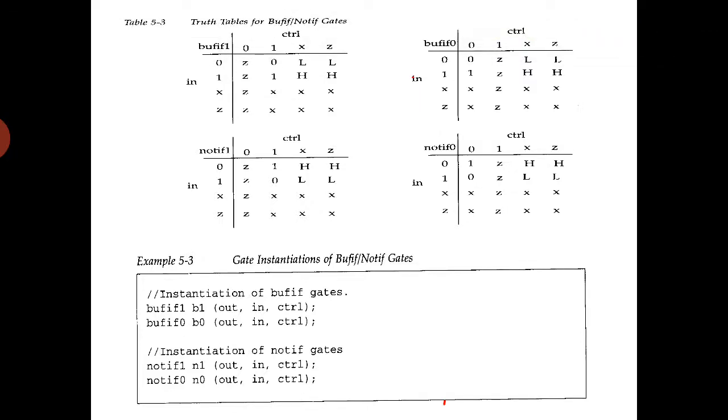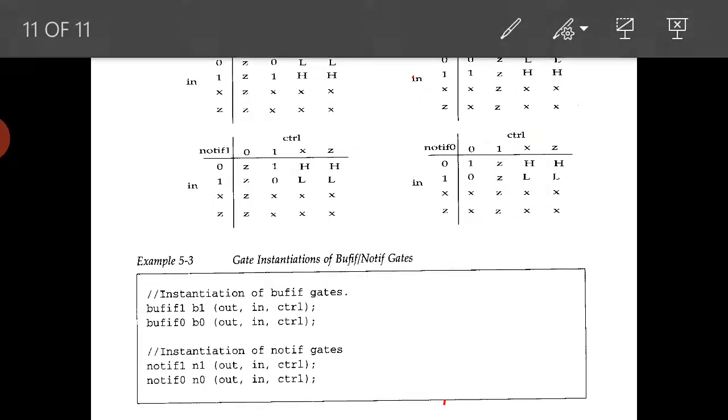similarly like buf and NOT gate, bufif and notif are with another extra input that we call a control. When that is disabled, the output will be high impedance, otherwise it is similar to the normal buf. This is how the instantiation of bufif0 and bufif1 works, the same as the normal one, the only thing is instead of buf, we use the bufif1 keyword, bufif0.